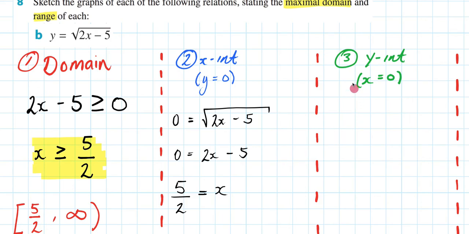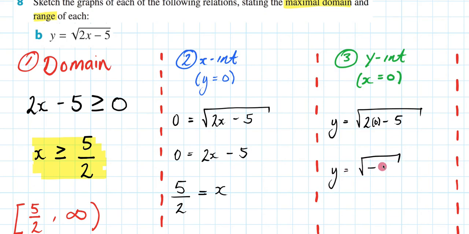Now I'm going to go on to find my y-intercept. So again, I have y equals the square root of 2x minus 5. To find my y-intercept, I let x equal 0. So I get rid of that x, because I'm going to let x equal 0. 2 times 0 is 0, so I'm going to be left with y equals the square root of negative 5, and this is all our worst nightmares coming true.